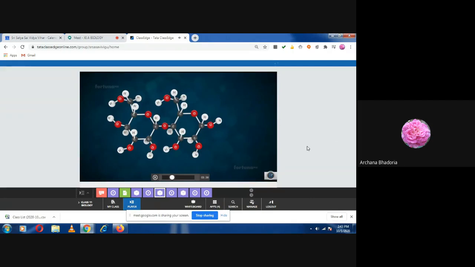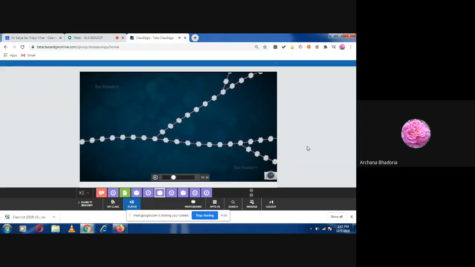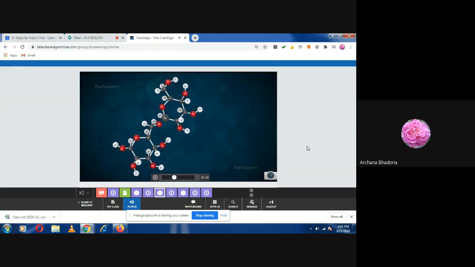After every 8 to 10 glucose units of the linear chain, a new branch of the glucose chain will be produced. On the new branch, the C1 branching point of a glucose molecule will bond to the sixth carbon of glucose on the main chain. This will form an alpha 1,6 glycosidic bond.